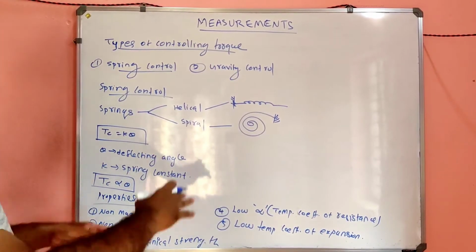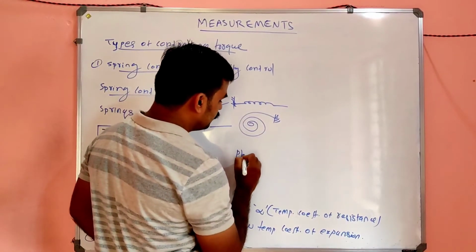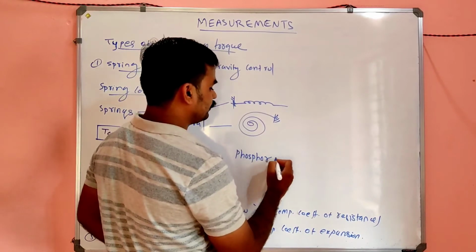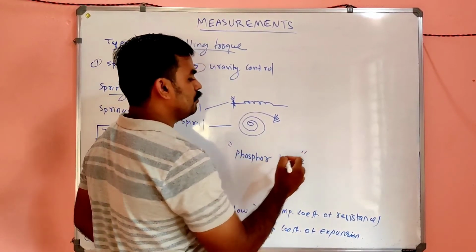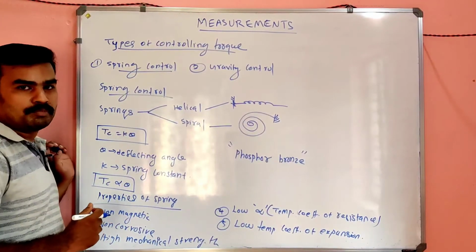The material which acts as a very good spring is phosphor bronze. This is the best material for the spring in the spring control method.